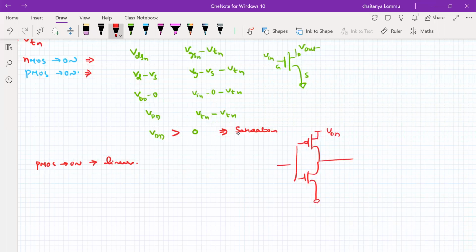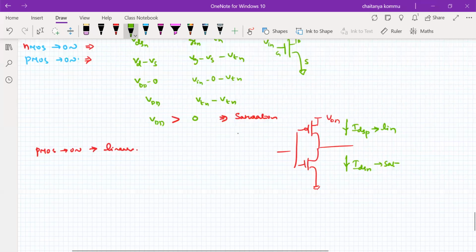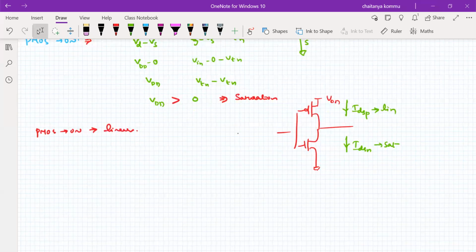So the current flowing here is IDSP. What is the current equation here? Sorry, this is the linear current equation. And for IDSN, it is in saturation. Therefore we have to understand the relationship between IDSP and IDSN.